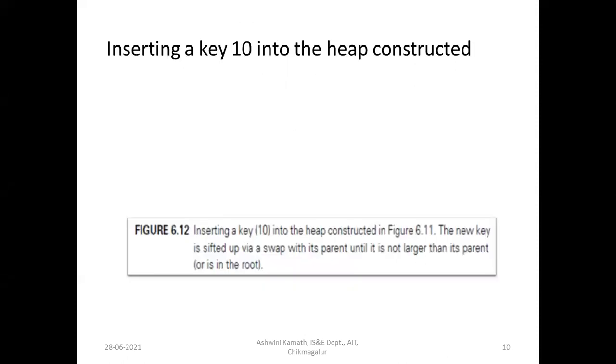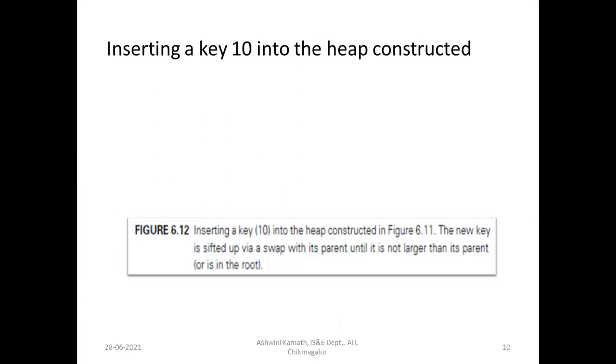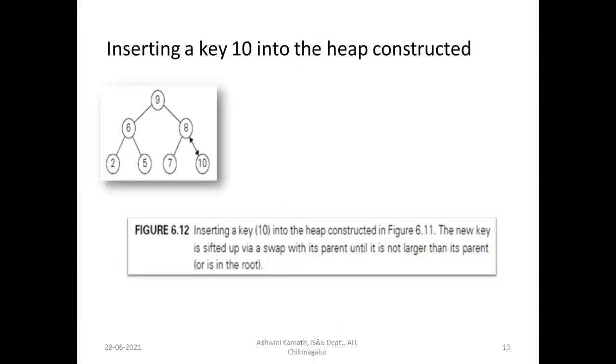So let us insert the key 10 into the heap. We are using the top-down approach, and let us see what happens. This is the heap, and we are trying to insert a new key 10 to the right of 8.